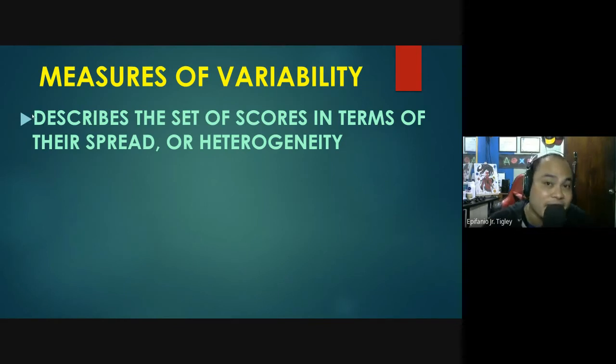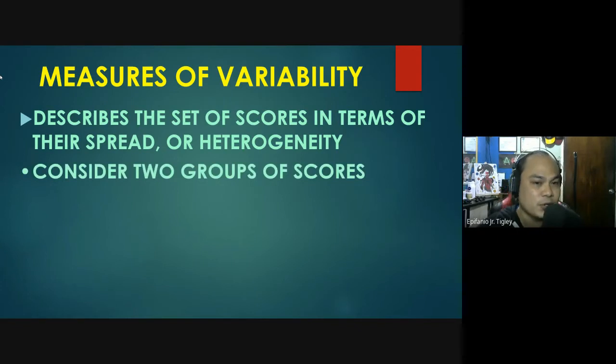Variability talks about how homogeneous the scores are, meaning how close they are, or how hetero they are, how spread the scores are. Kaya kung the bigger the variability is, meaning lagyo kayo ang scores ana. Kung gamay inyong variability, therefore, the scores are very close with each other. So, this is also considered.